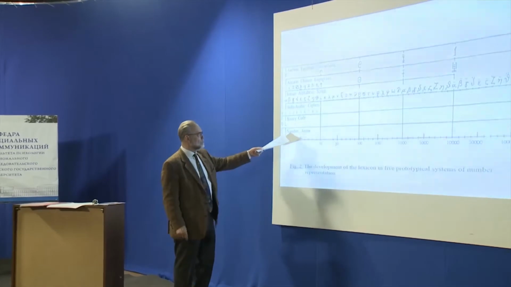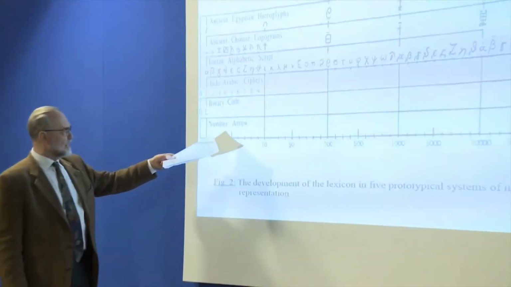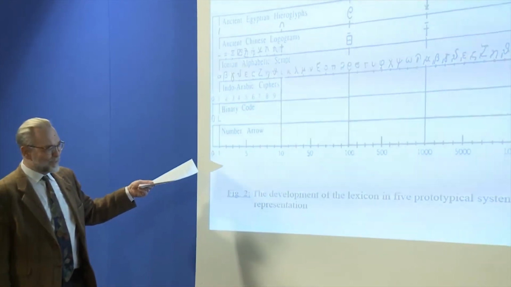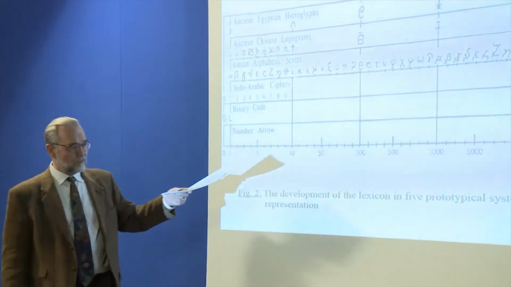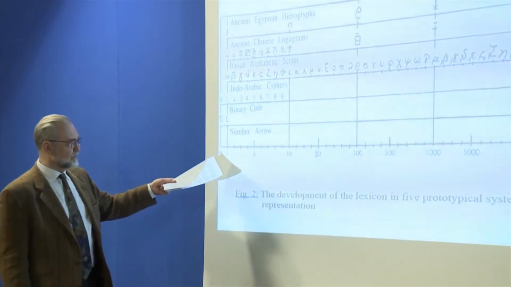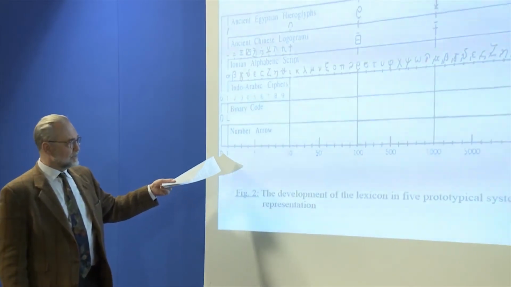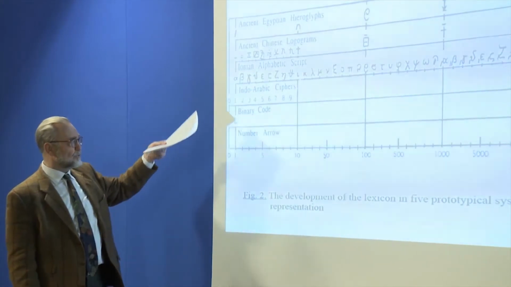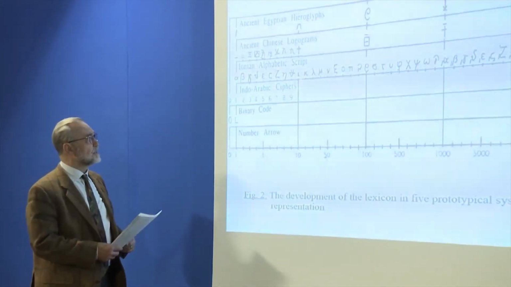Yes, here you see the so-called number arrow. The arrow is used as a simple illustration for the way in which our number system, Indo-Arabic, does it. And here you have the other alternatives or options for doing the same thing.